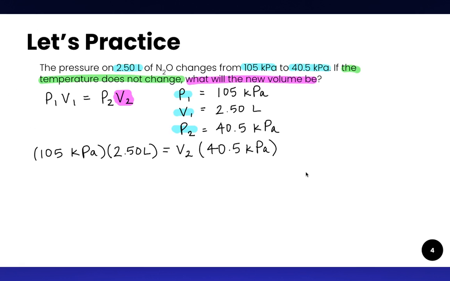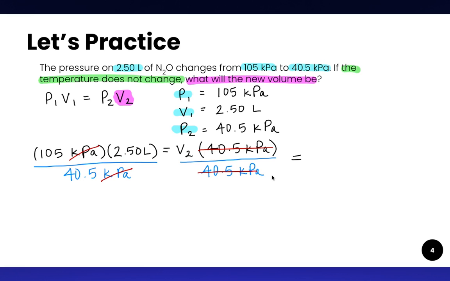In order to get volume by itself, we've got to divide both sides by 40.5 kilopascals. And this will totally cancel out everything on the right side of our equation, and it will cancel out the pressure unit, leaving our final answer in liters. This is the part where I plug everything into my calculator and figure out what V2 is equal to.